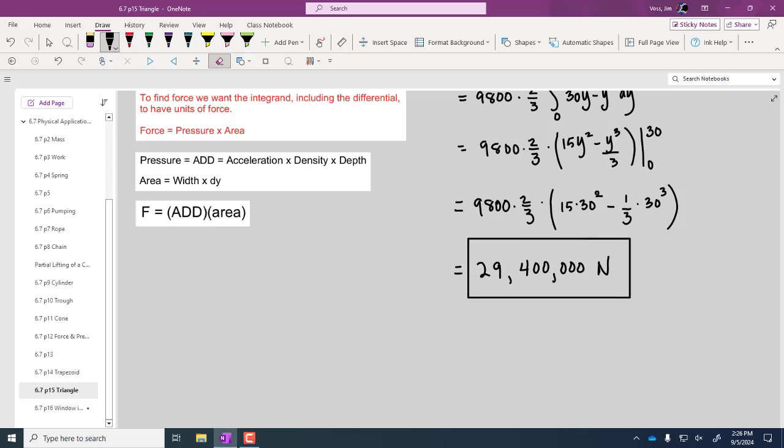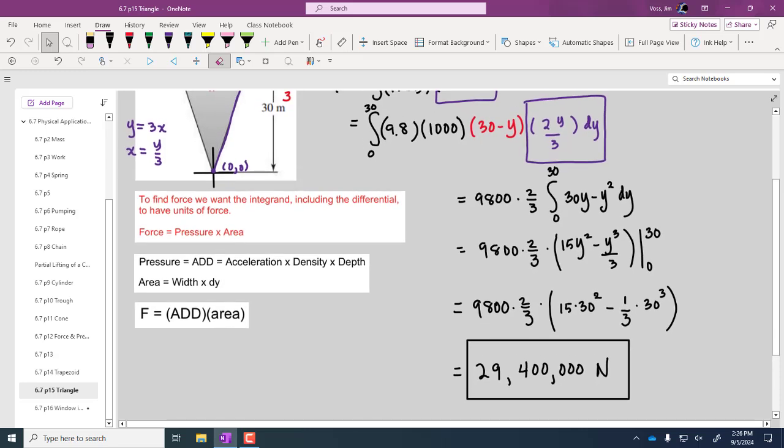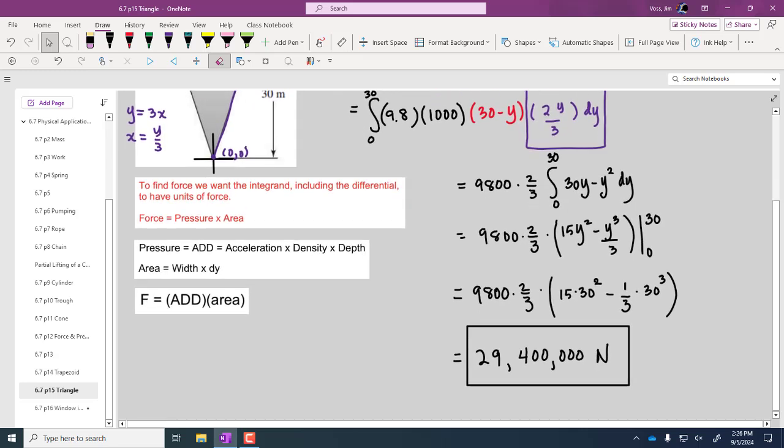If you want to use scientific notation, it's legit. 2.94 times 10 to the 7th, or 2.94 times 10^7, however you write it. All right, so any piece of that? Either one's fine on the test. Totally fine.